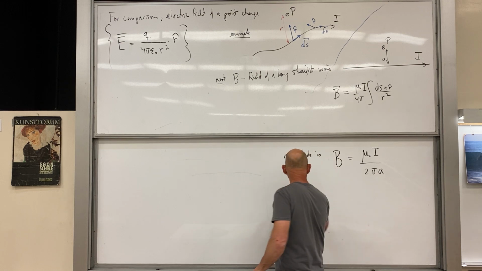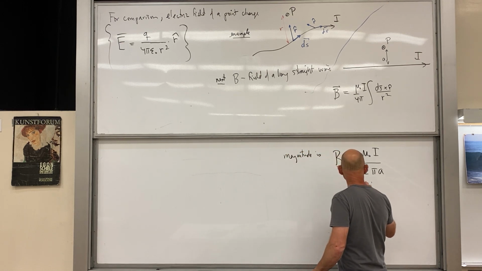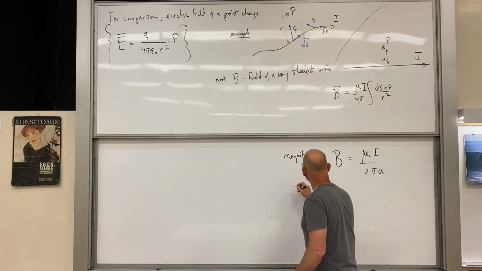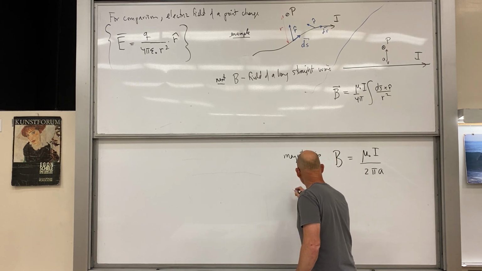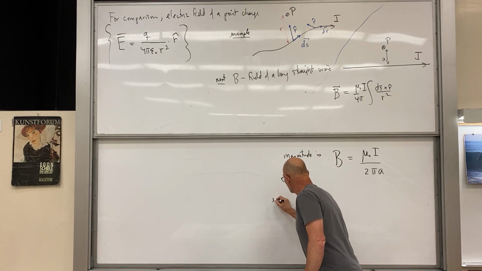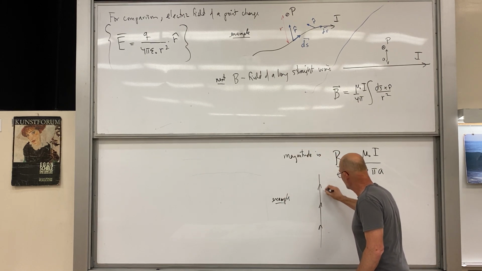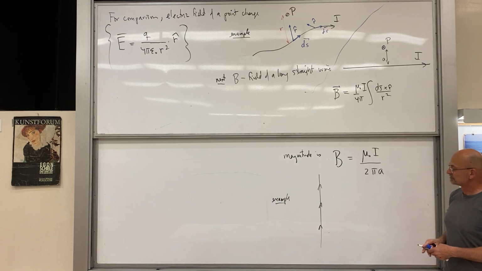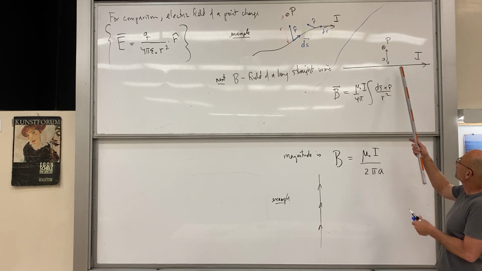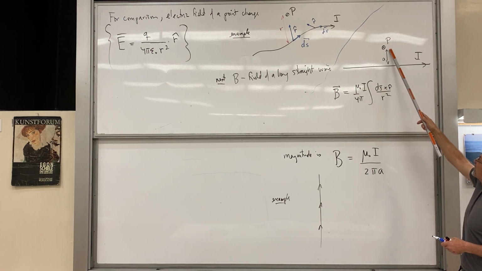If I draw it here, let's once again do an example. So suppose this long straight wire this time is oriented like that. You can take the directionality there, and remember, this is just for the perpendicular distance.